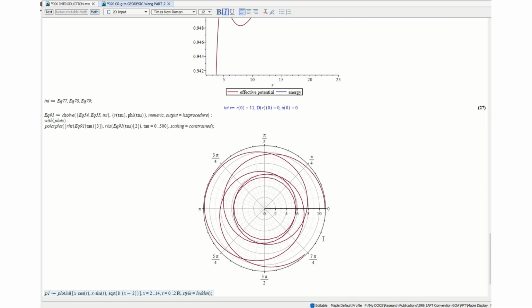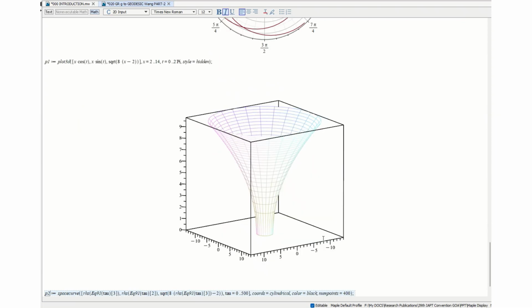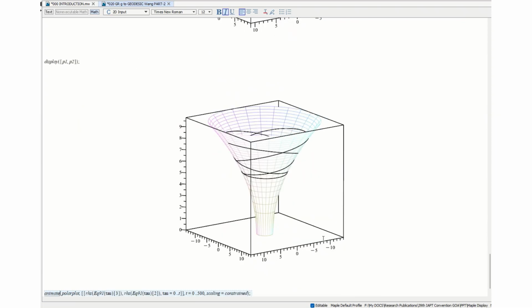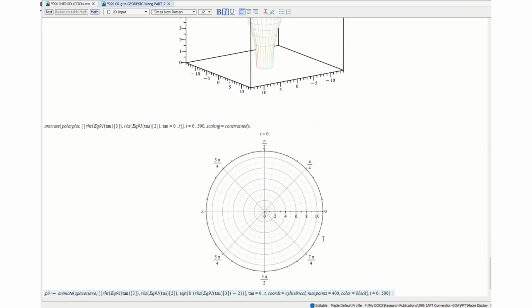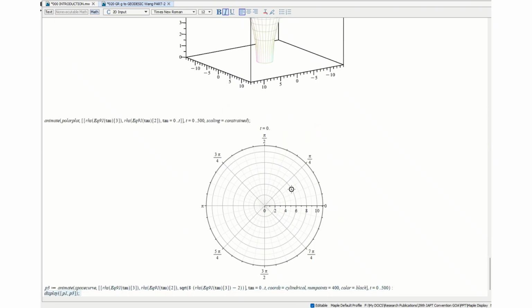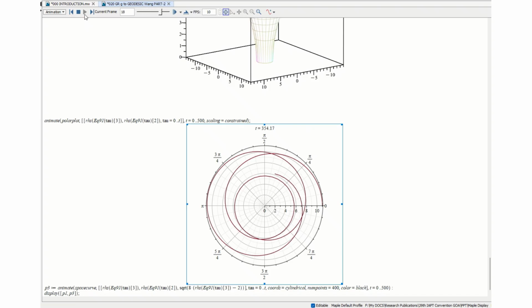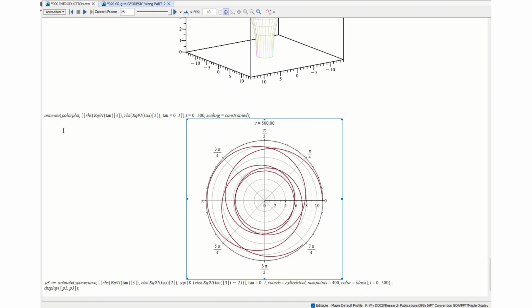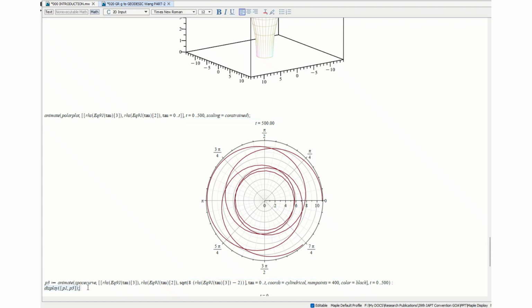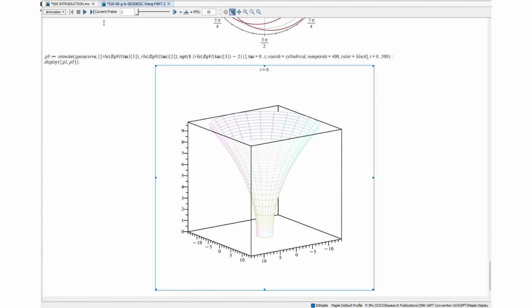And an animation is developed so that we can see the role of a particle in the gravitational field. And this is the final animation I'm depicting in front of you on the screen.